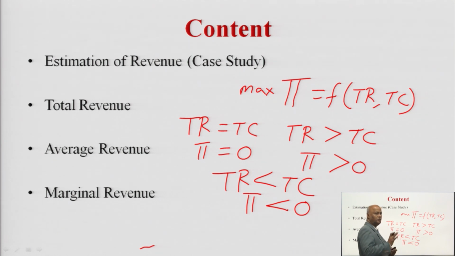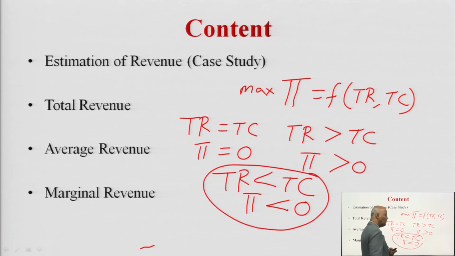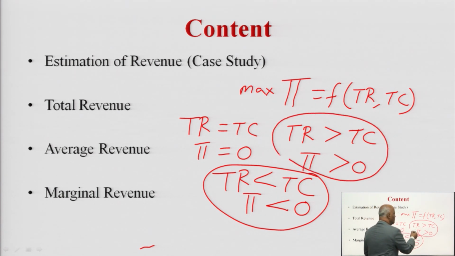No producer or business manager wants to operate in this region. Their objective is not to make losses, but always to make a positive profit. But in the worst situation, many business managers operate even if there is a no profit, no loss situation.